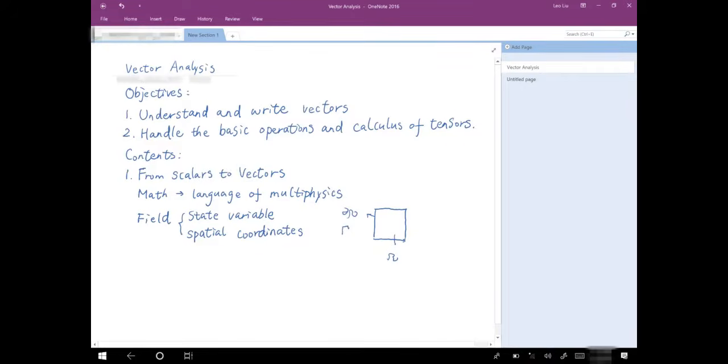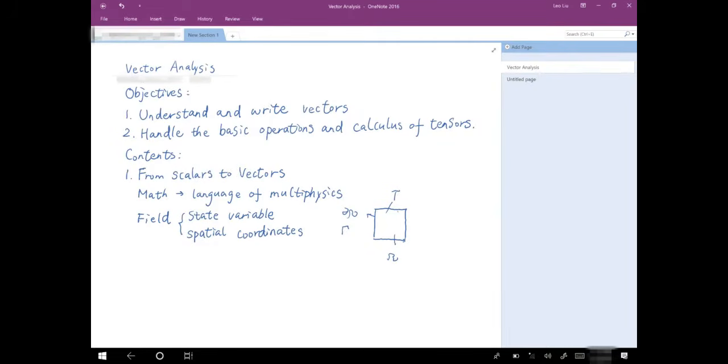The definition of a field is that within this domain, at every point we have a value for a state variable, for example T, temperature. We move to a different point, and we also have a T value. It may be the same or different from the value at this point. So this is the field.